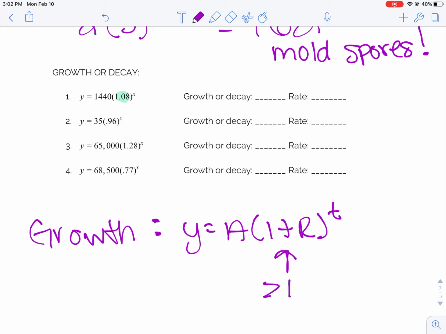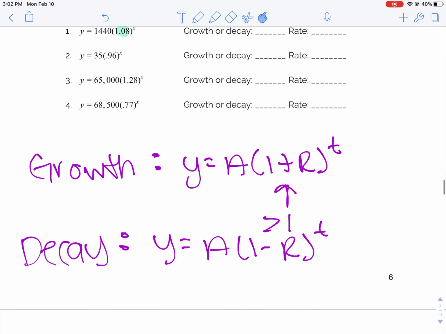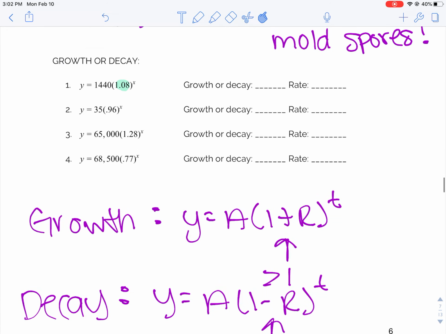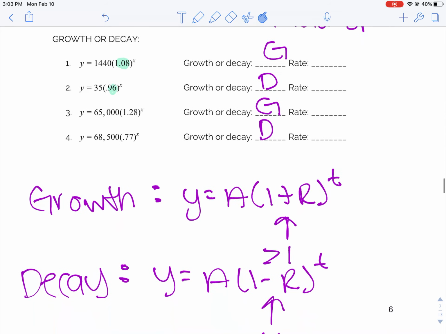So if this number right here is greater than 1, it's growth. If it was decay, it would be 1 minus my rate raised to my time. So the number in my parentheses would be less than 1. So just look, in the first one it is 1.08. It is bigger, so it's growth. In the second one, 0.96 is less than 1, so that would be decay. The third one is growth. And then the fourth one would be decay.